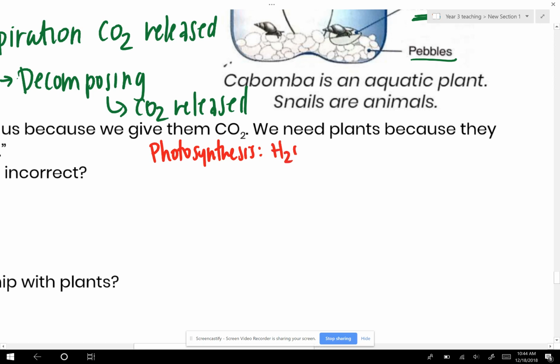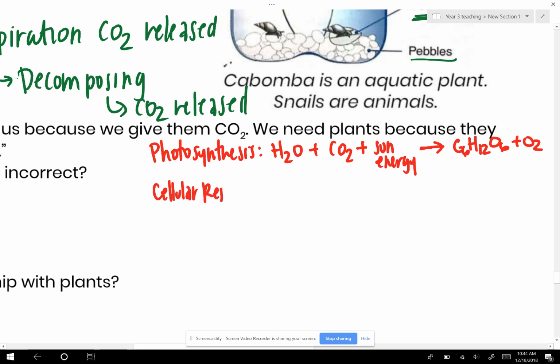So we have H2O plus CO2 plus energy from the sun, and we make C6H12O6 plus O2.